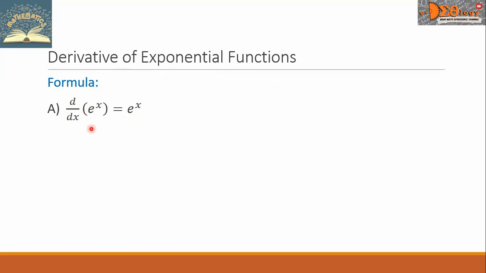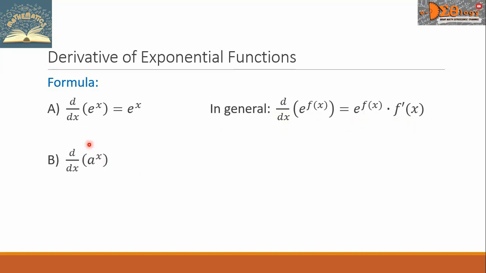It means whatever the function we see here, we will just copy here. In general, when we have d over dx of e raised to an exponent which is a function of x, the derivative is equal to e raised to f of x times f prime of x.